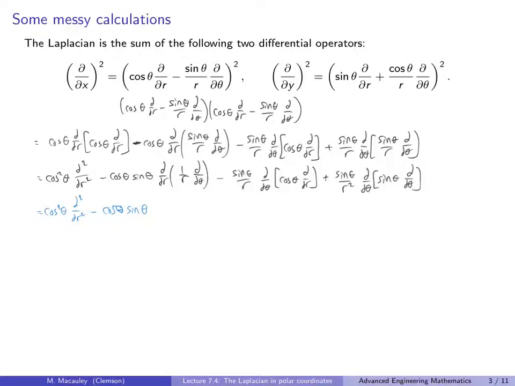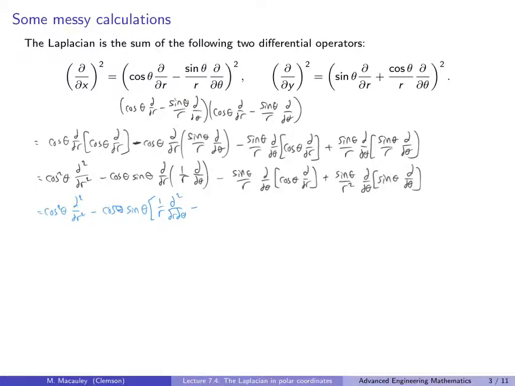And now by the product rule, so the product rule I'm going to do for all of these, the first one times the derivative of the second one, and then vice versa. So the first one is 1 over r times the operator applied to the second one is d squared dr d theta, and then plus the opposite, the derivative.